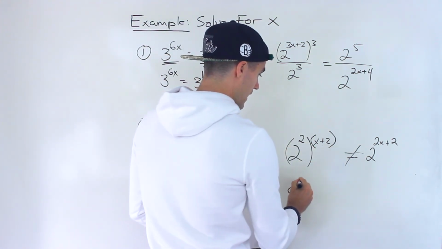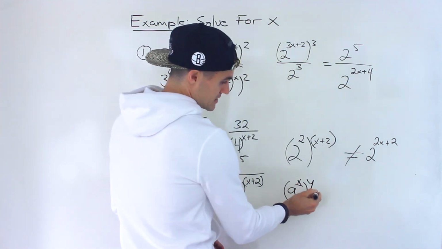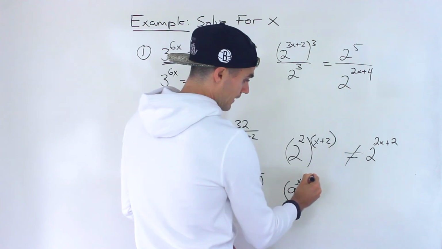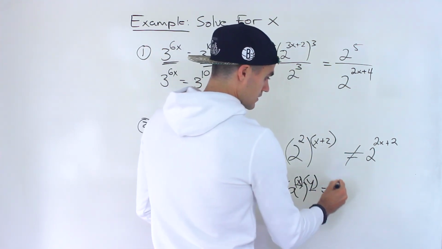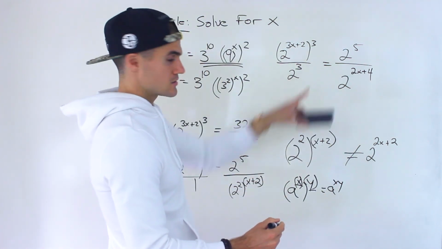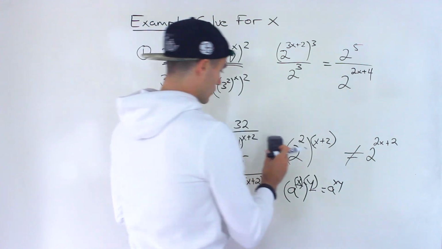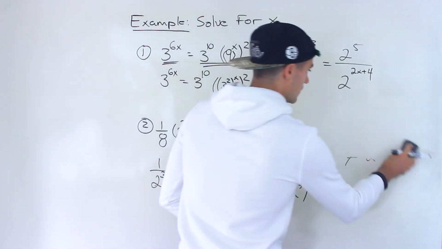Okay, if we bring back that rule, this whole bracket represents like this y, and then this 2 is like this x. So we're multiplying that whole thing. That's how we get that 2x plus 4. So just be careful with things like that. That's going to happen over here as well.